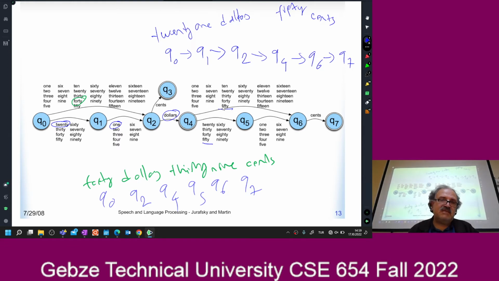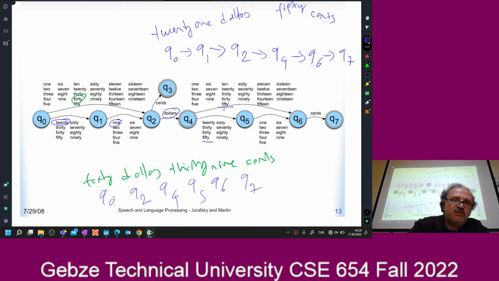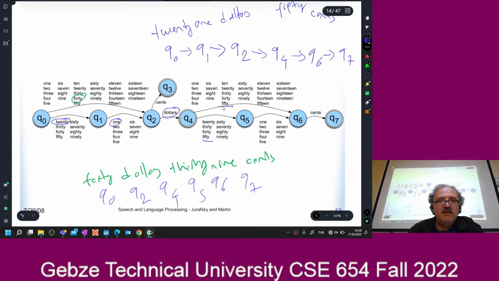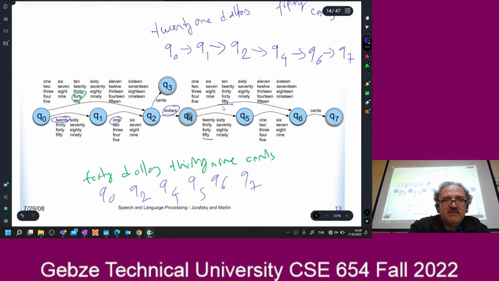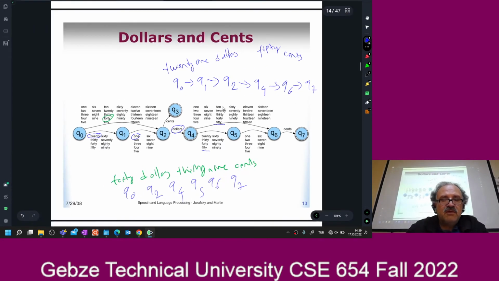So I accepted this string as a valid US dollar value between 0 and 100. So there are two final states. One is Q4, the other one is Q7. So if somebody says $40, that's fine. $40, right? $40 or $16. That's it. It works.